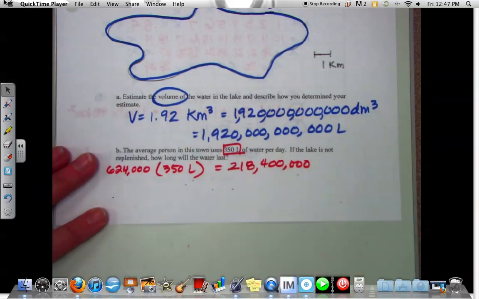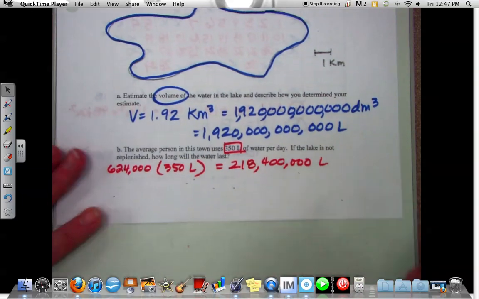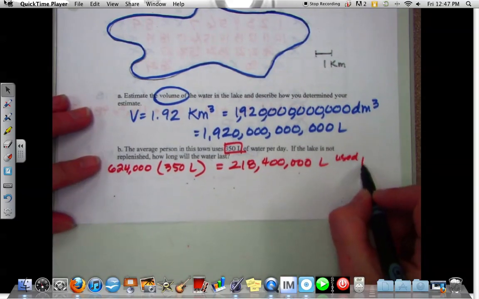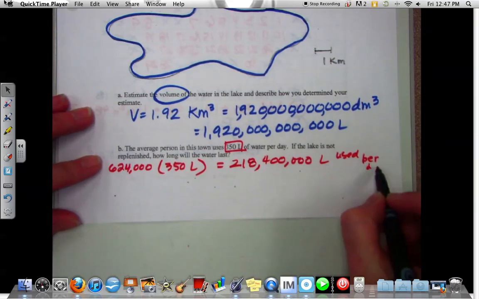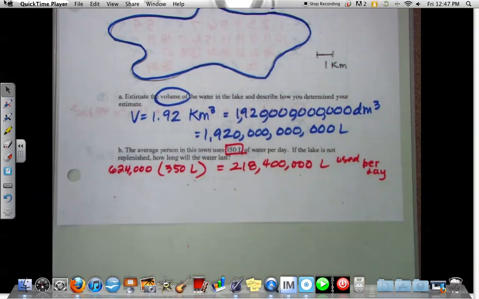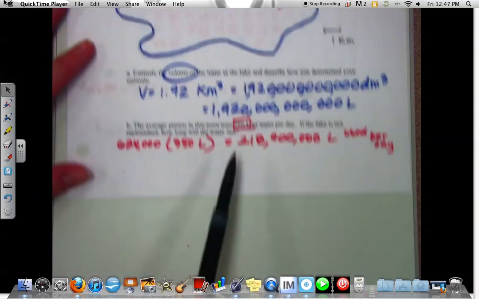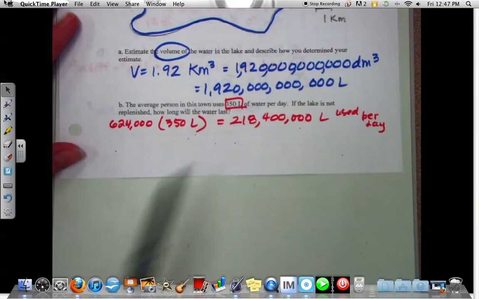And this is liters used per day. Because we were told that there are 624,000 people, and there are 350 liters of water.